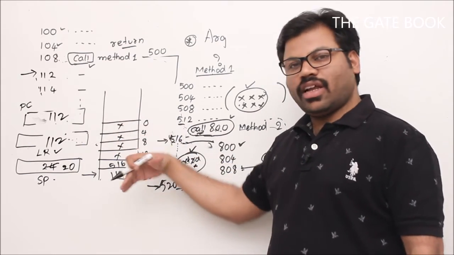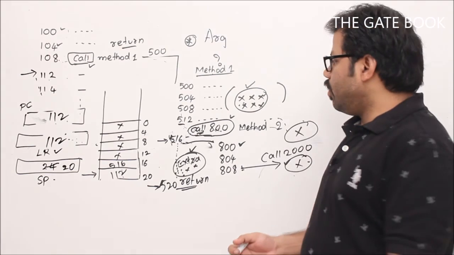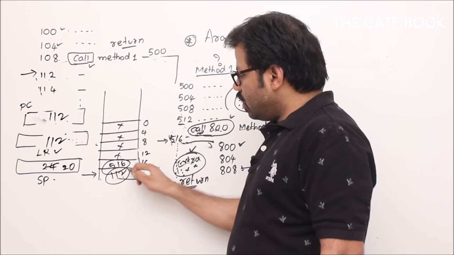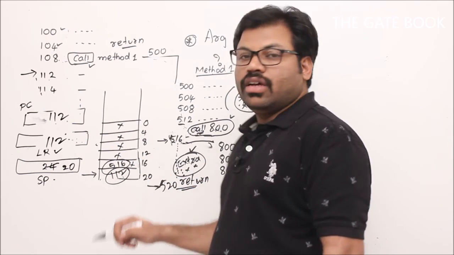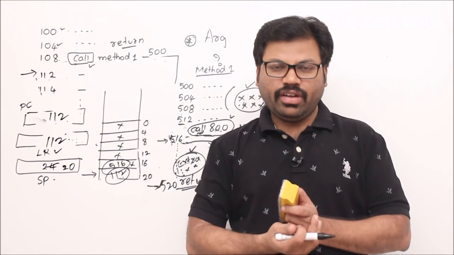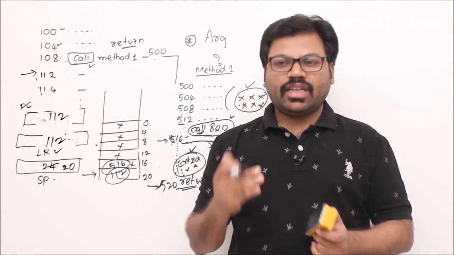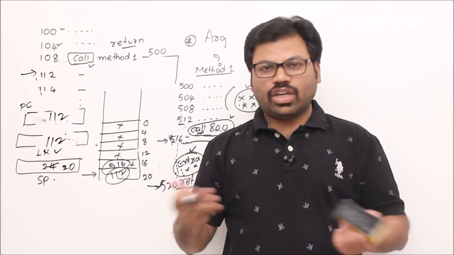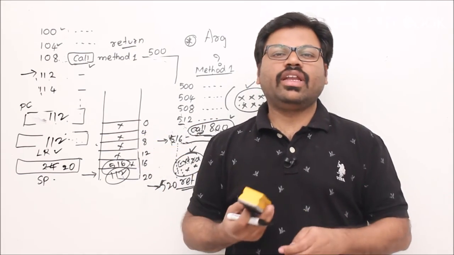Same story here also, same thing we do. So whatever way you are pushing these return addresses, along with that all the arguments also we push. That part you just think about. In that way we can implement nested functionality, and also we can push the arguments, perfectly we can implement it.